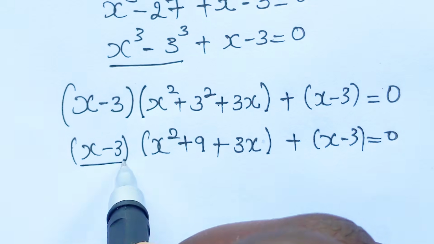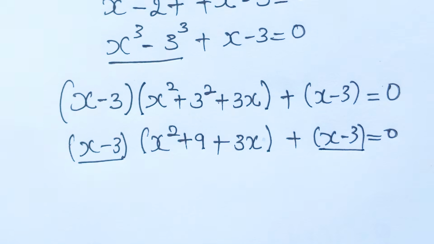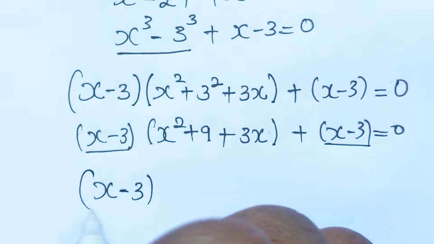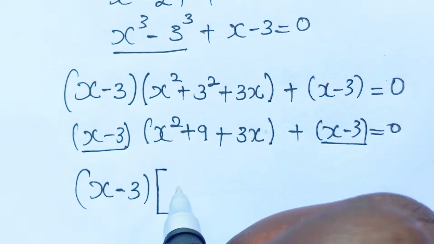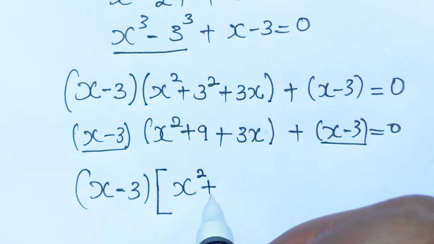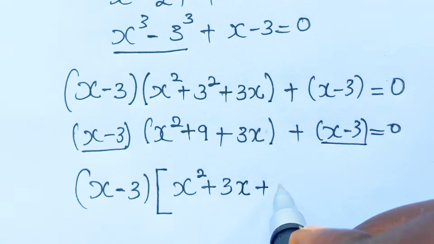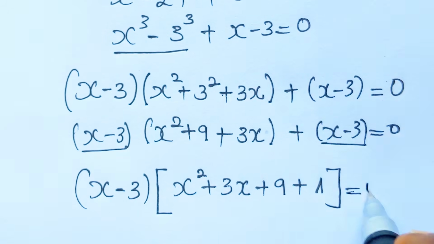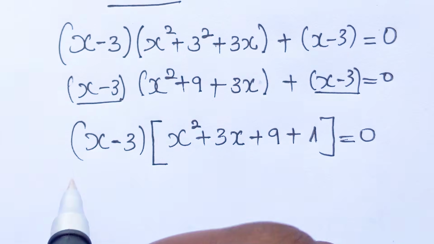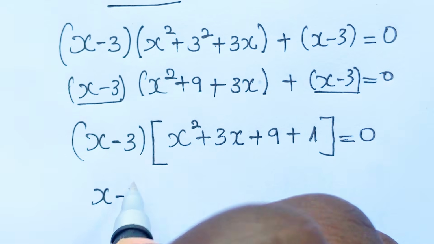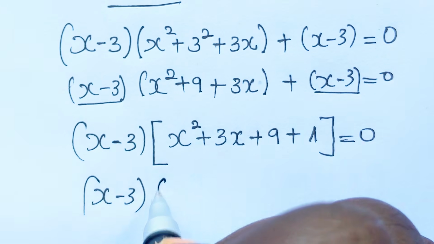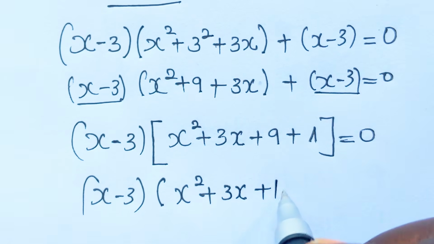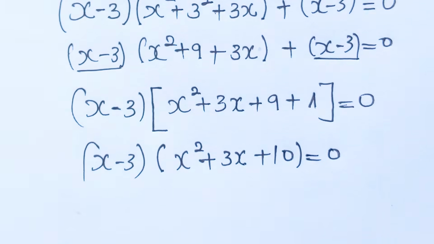At this stage we have x minus 3, and here we have x minus 3. We can factorize to get x minus 3, open bracket of x squared plus 3x plus 9, then plus 1 from here. This will be equal to 0. At this stage, we shall say x minus 3 times x squared plus 3x plus 10 will be 0.